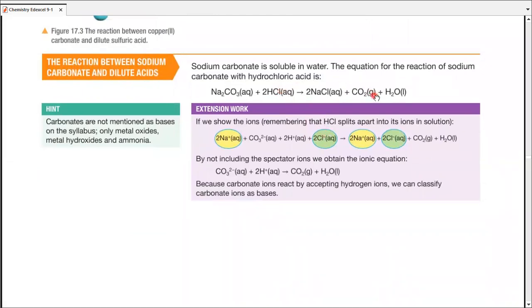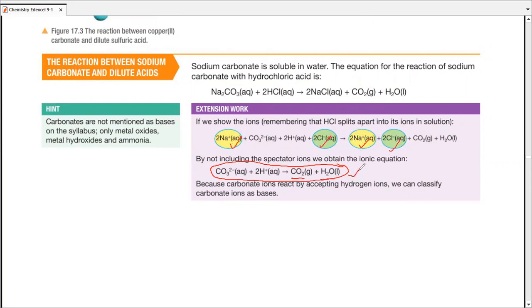So if we work this one out, it also has a specific equation. This is the equation: carbonate, when it reacts with hydrogen ions, gives us carbon dioxide and water. All the ions in the salt, sodium, chloride, chloride, sodium, are actually the spectator ions.